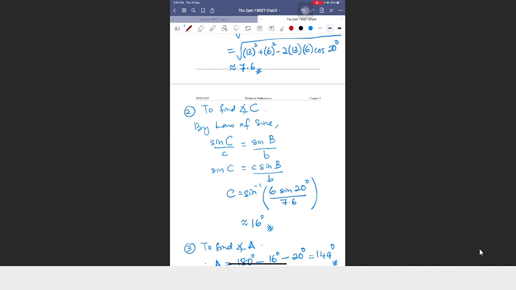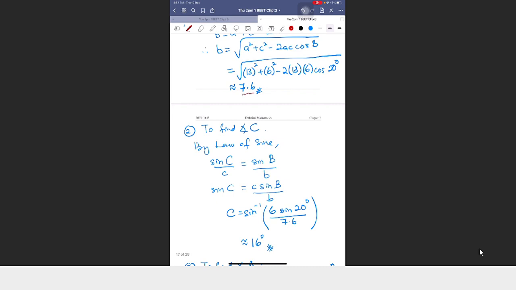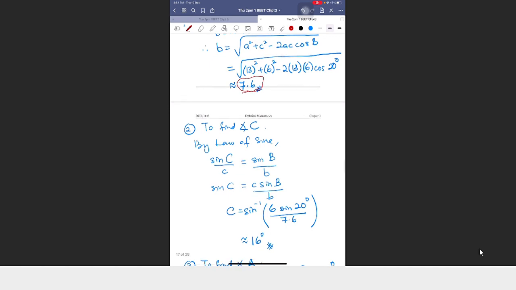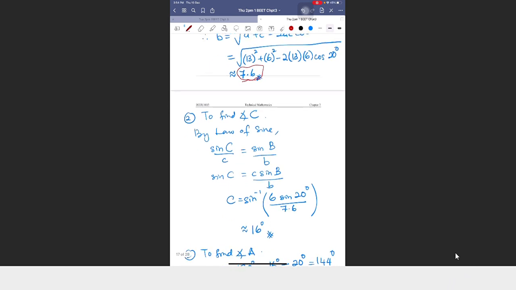Because this is actually correct, because we are using approximation. If it is like 15 point something, then it's actually close enough to the 16, because we are using decimals. If we take more decimal places from this B, because I'm taking only one decimal, then my approximation will be more accurate.